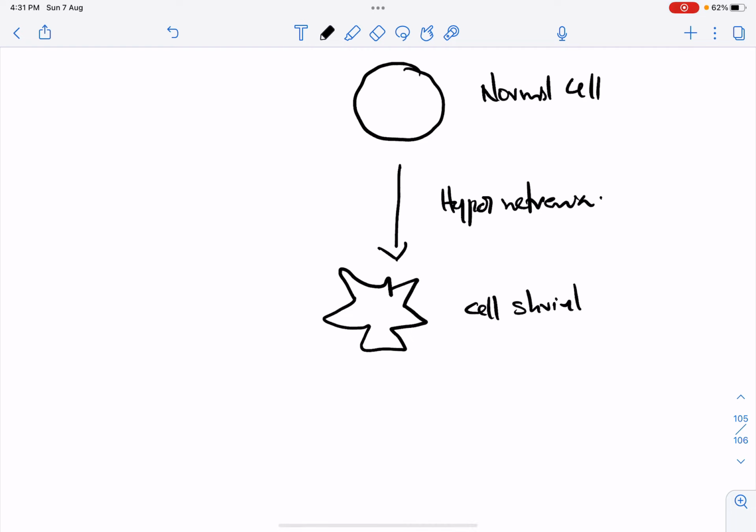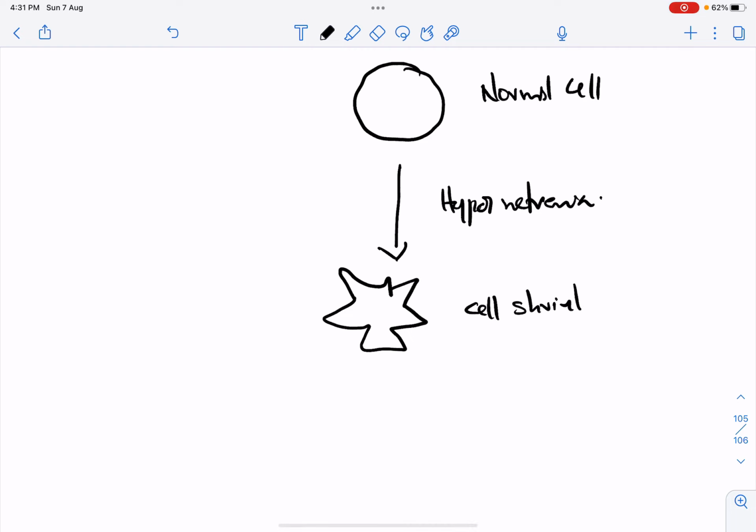Okay, so again moving back to the equation. This is the third step of correction of hypernatremia. The third step is finding the free water deficit. We are using the formula: current body water into plasma sodium divided by desired sodium minus 1. Let's do one example.